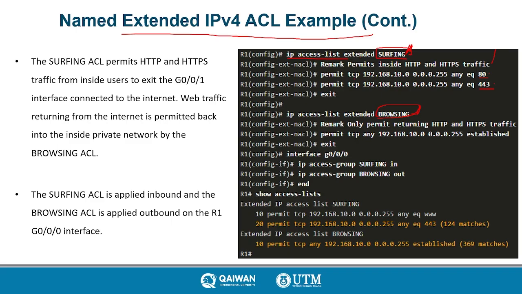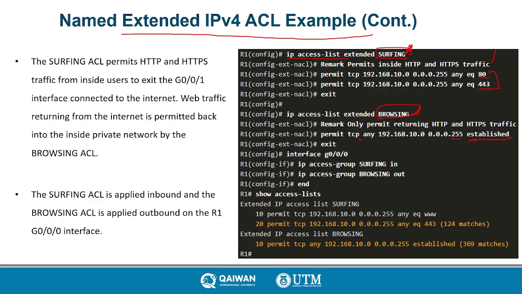However, in BROWSING, we have permit TCP only, 192.168 and established. As we explained before, all the traffic created by HTTP and HTTPS only will go outside and return back.